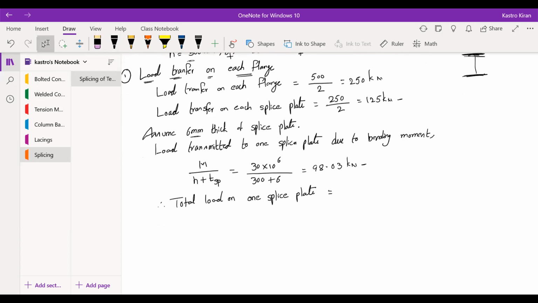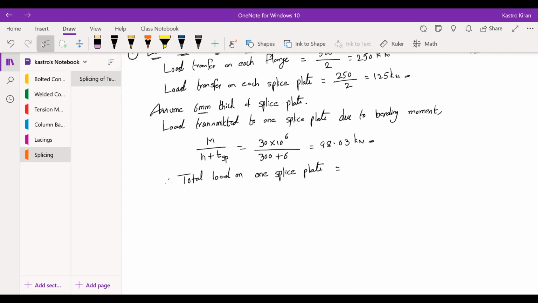So the total load on each splice plate equals the load transfer on each splice plate plus the load transfer due to bending moment, that is 125 plus 98.03, which will be 223.03 kilonewtons. This is the amount of load coming onto each splice plate.